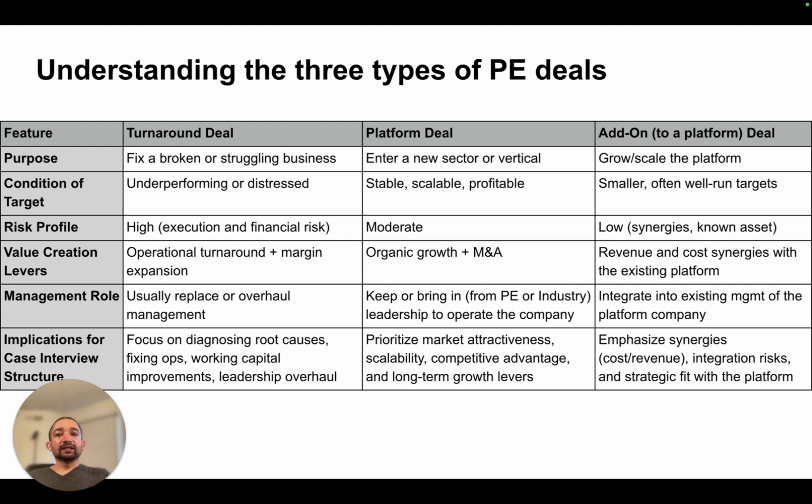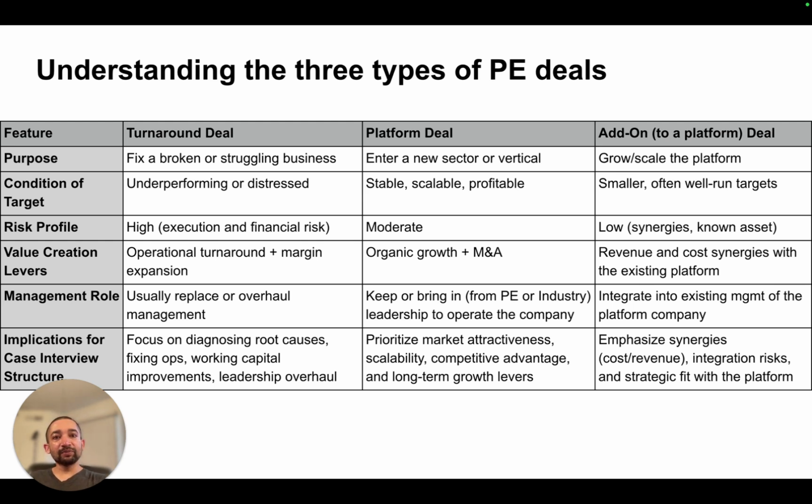now you can see risk profiles move from very high in a turnaround deal because there's a lot of execution risk, right? What if we are not able to turn around all of the things? This can be quite challenging, right? This requires a lot of grassroots level problem solving, right? Platform deal, because you're already acquiring a company that's doing pretty well. Yes, there is some risk in helping it grow even faster, but you have a good asset to work with, right?